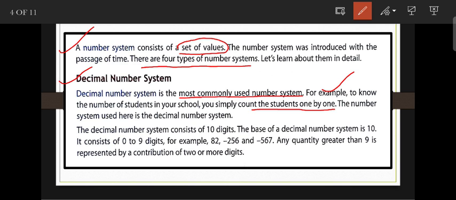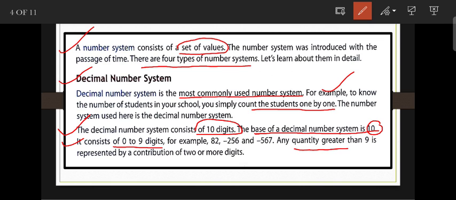Now the important part of this decimal number system is that it consists of 10 digits. Remember, 10 digits. And the base, this is very important, the base of the decimal number system is 10, and it consists of 0 to 9 digits.